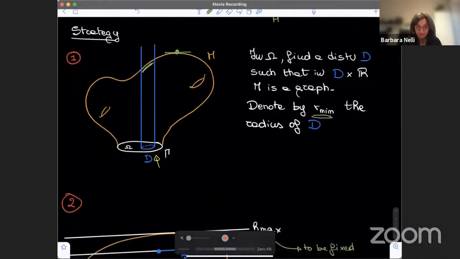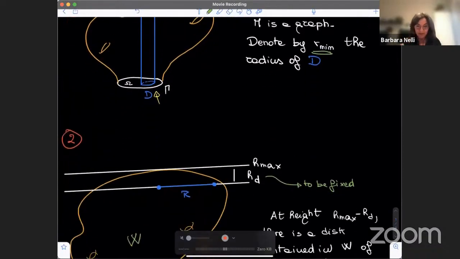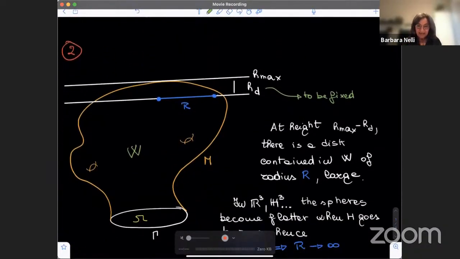The second thing one can prove is that if you choose H D small enough, then you can find, at the level H max minus H D, a disk of radius R contained, as in the picture, in the component W that is bounded by M and the domain omega.